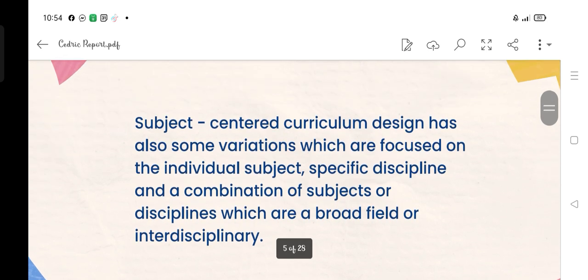So, subject-centered curriculum design has also some variations which are focused on the individual subject, specific discipline, and a combination of subjects or disciplines which are broad field or interdisciplinary.